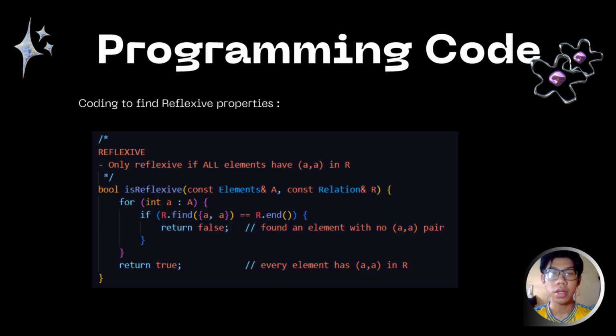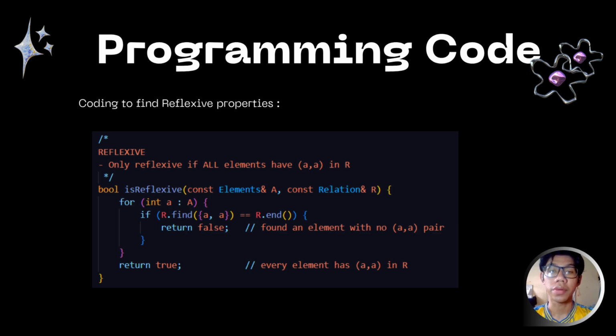Okay, now I will talk about our programming code. First, we will find reflexive properties. We define function reflexive that takes in our set of elements A and the relation R. Inside, we use a range-based for loop to iterate through every element a in set A. For each element, we search the relation R for the pair using the find method.